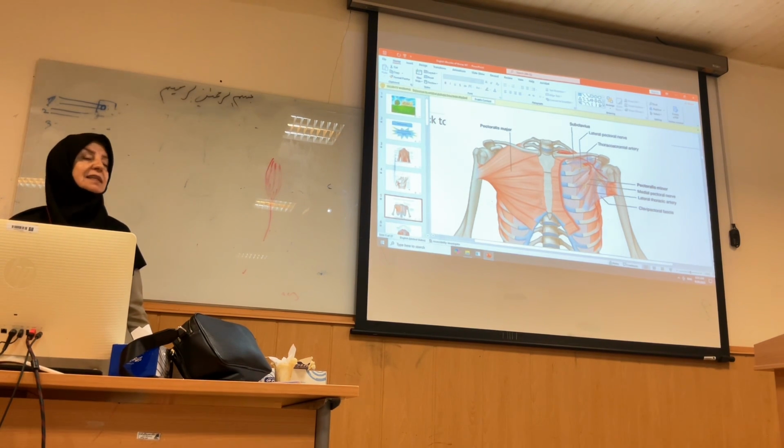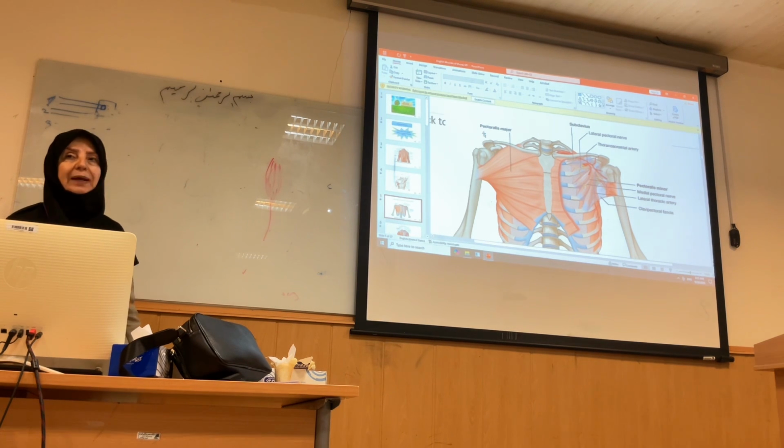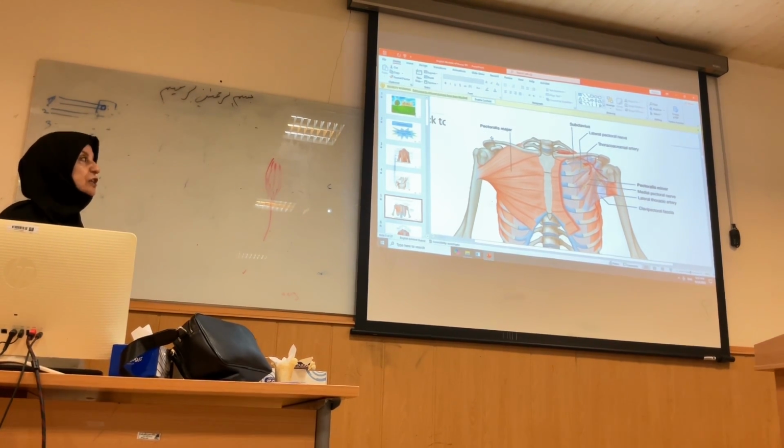After I remove the skin and the superficial fascia, I will be able to show you the superficial muscles. It is the triangle muscle. What's the name of this muscle? Pectoralis major. Each muscle you should remember and keep in your mind: origin and insertion.